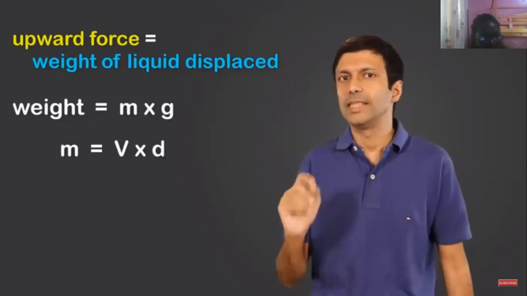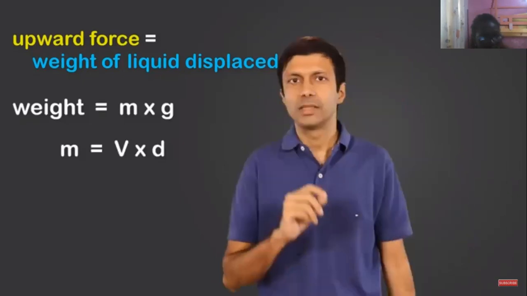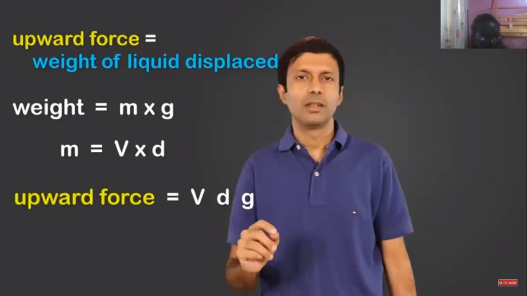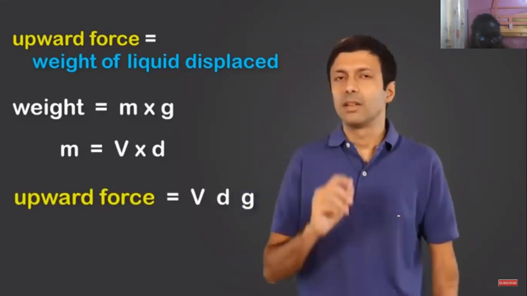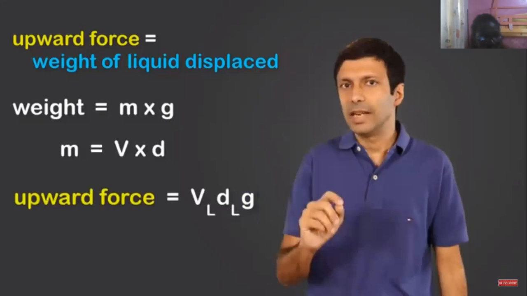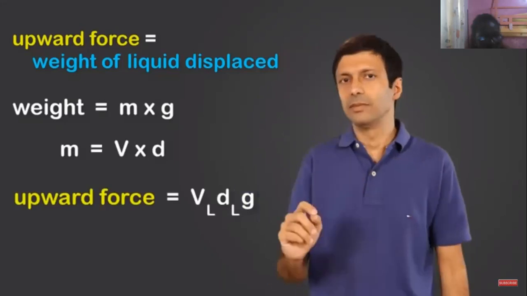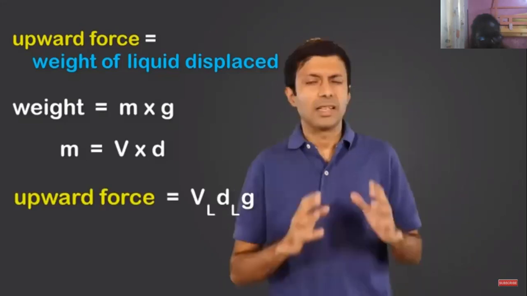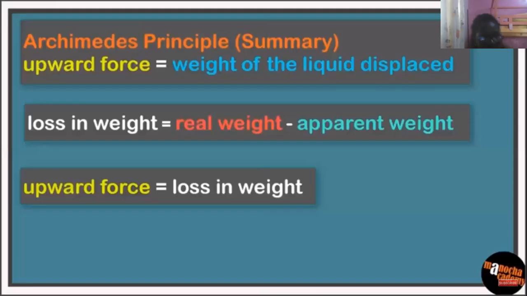So we get that the upward force is V times ρ times g. But I like to write it with a subscript L, because it helps me remember that it's the volume and density of the liquid displaced and not the volume and density of the body. So let's go ahead and add this formula and the mnemonic to our board.